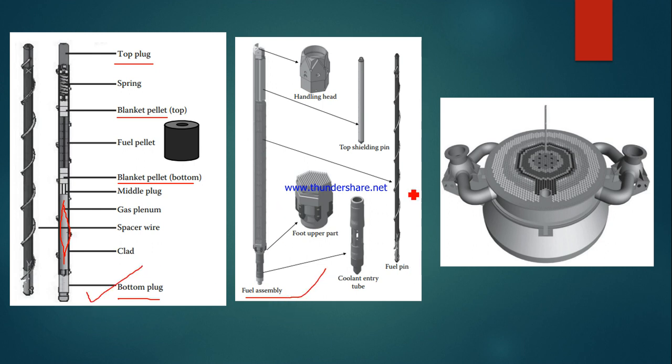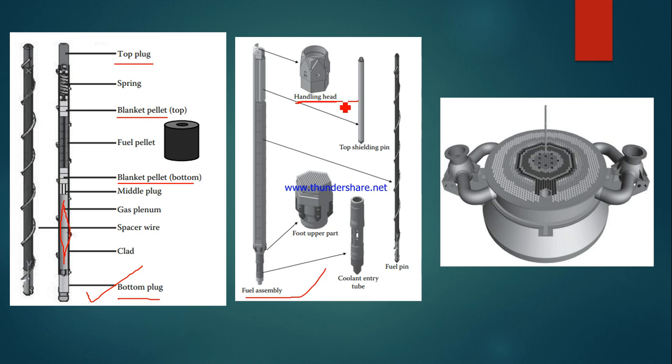These are the fuel pins, and this is the fuel subassembly. So you see, this is the fuel pin, and it will be fixed and seated here. So many pins will be there. And this is the handling head.